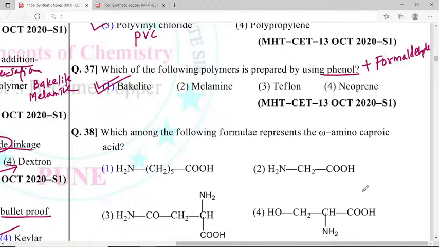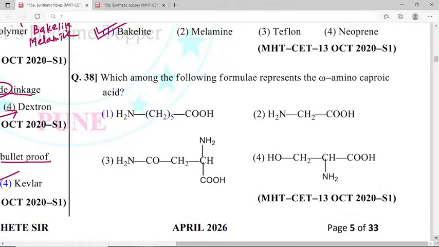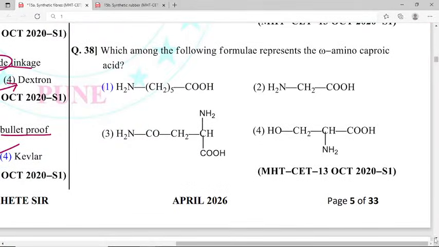Which among the following formulas represents omega amino caproic acid? So the answer is the first one, NH2 CH2 COOH.